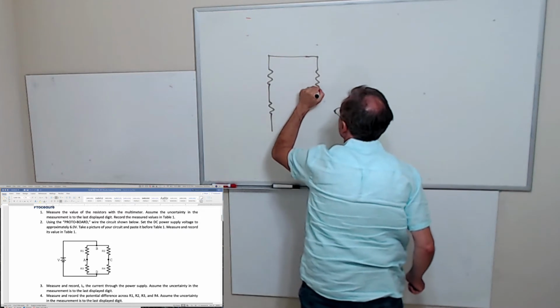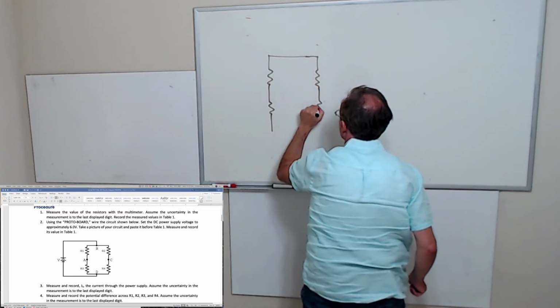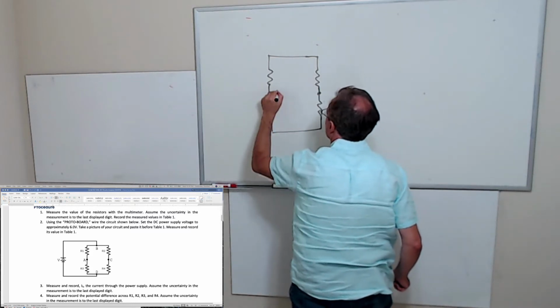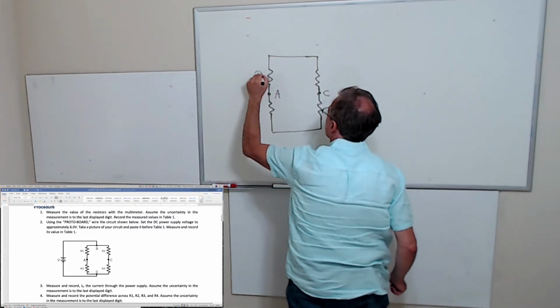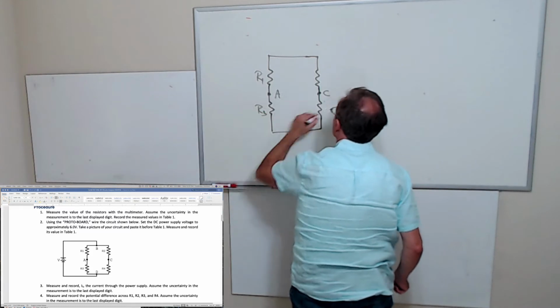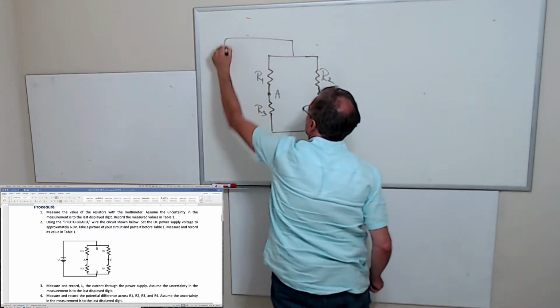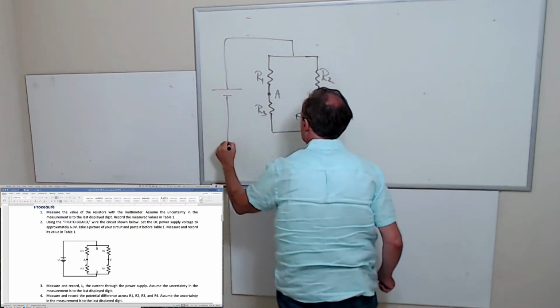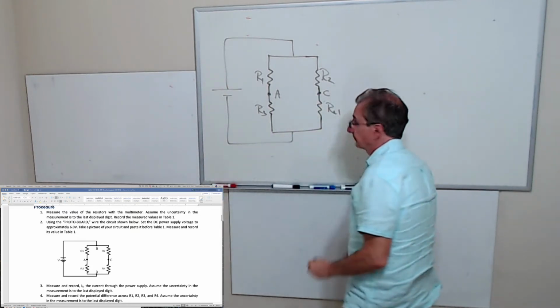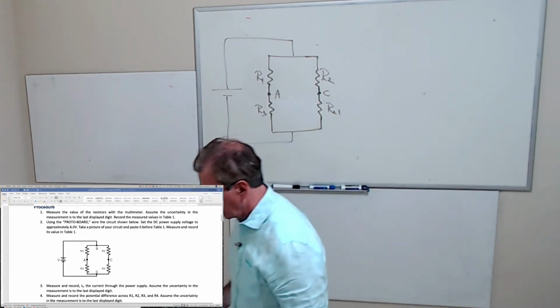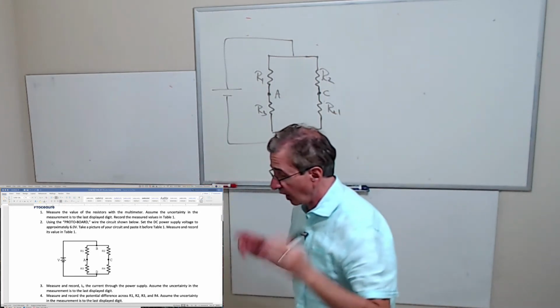And please stop me if you're not understanding anything I'm talking about. Okay, so this is the circuit, and R1, R2, R3, and R4 are given to you.